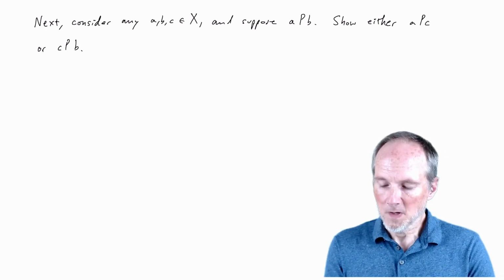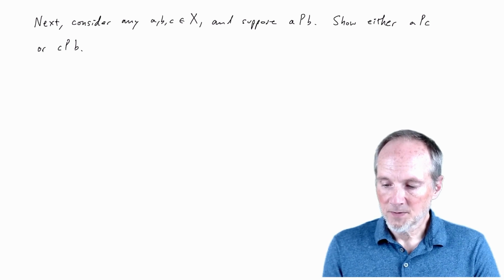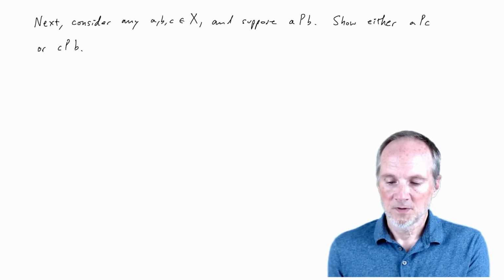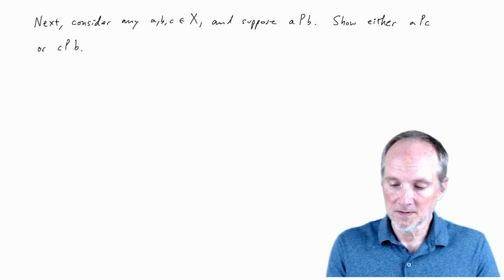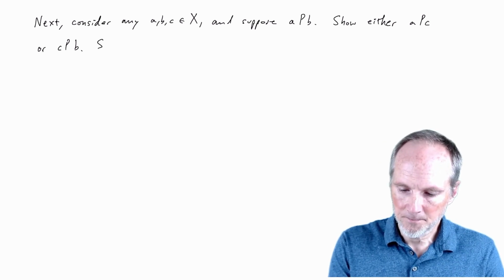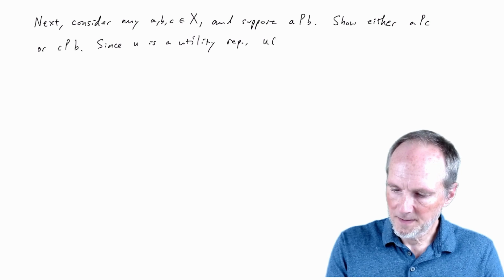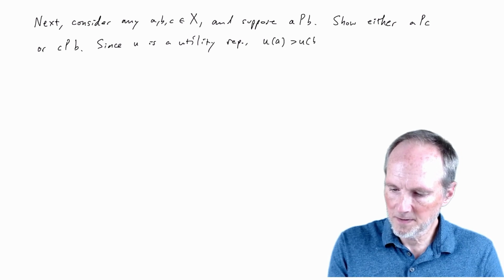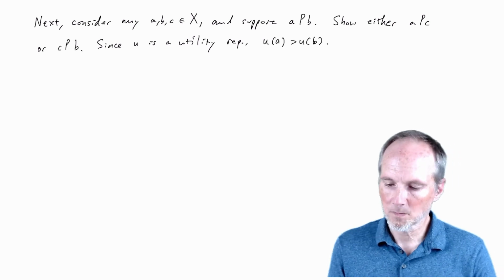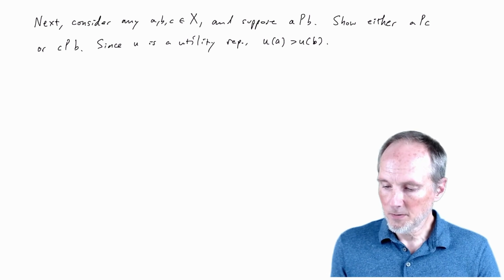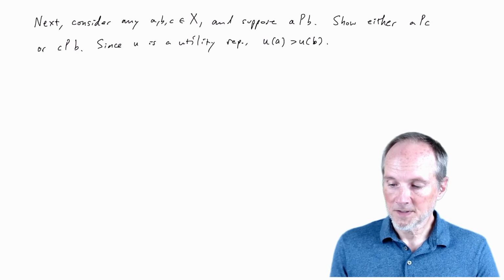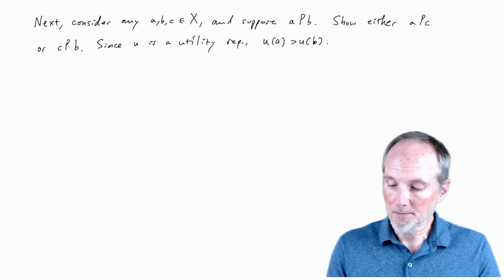Now we're supposing A is strictly preferred to B. We're assuming U is a utility representation, so that means the utility from A is strictly bigger than the utility from B. Of course, the utility function assigns some number to C as well.